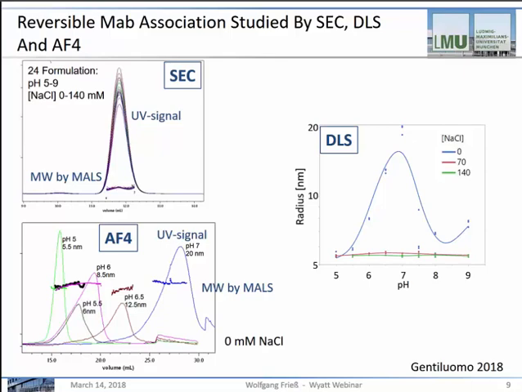Now, AF4 is something strange. It's somewhat in between. So you see the size, which is indicated by the DLS. You also see, depending on the pH, a change in retention time. But when you look at the MALS signal, you see that it's almost the same MALS signal for all the different formulations.